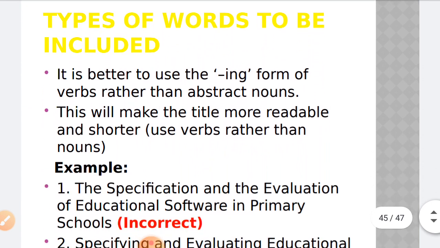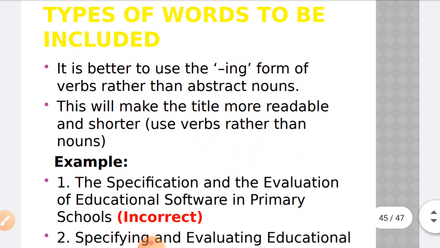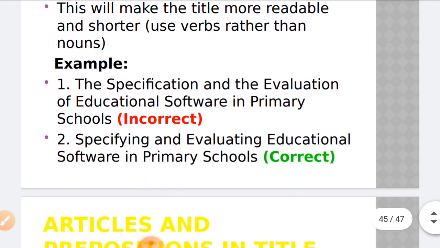Types of words to be included. It is better to use the ing form of verbs rather than abstract nouns. This will make the title more readable and shorter. Thus, use verbs rather than nouns. Let us take this example of two sentences. Sentence 1: The specification and the evaluation of educational software in primary schools.